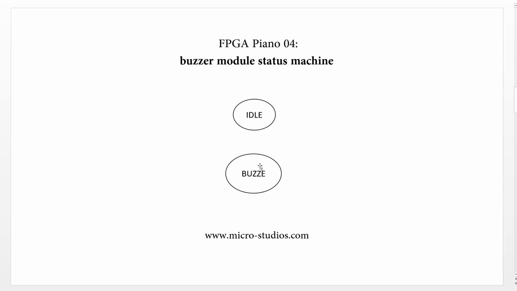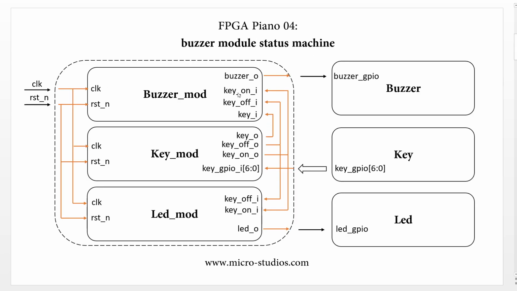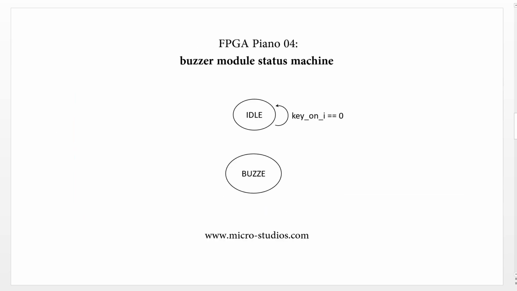So how do we go to the buzzer state from the idle state? As we said before, we have the key to control the buzzer buzzing or not. So if the key on input signal equals 0, which is here, we will stay in the idle state.